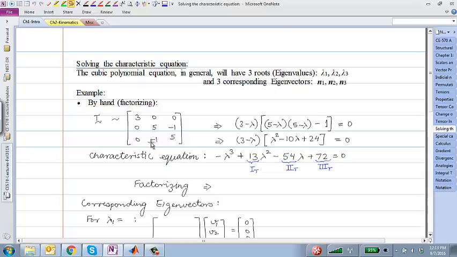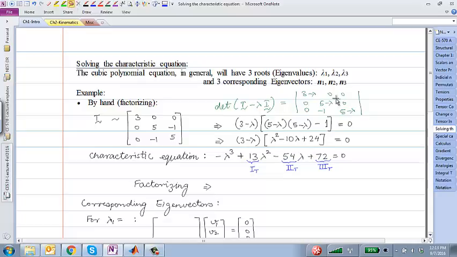So the first thing we do is to try to calculate the determinant of T minus lambda I, which would be equal to 3 minus lambda 0 0, 0 and 5 minus lambda 0, 0 minus 1, minus 1 and 5 minus lambda.